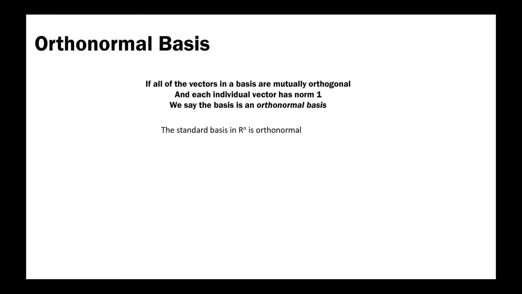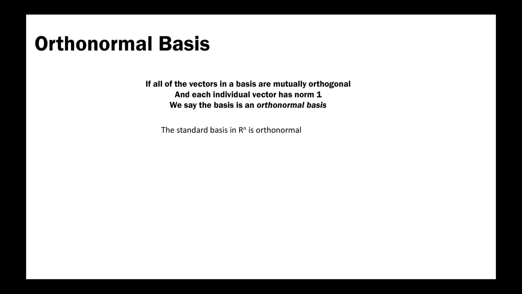So we can combine the concepts of orthogonality, unit vectors, and a basis to obtain something called an orthonormal basis. This is just a concept that you should be familiar with. If all of the vectors in a basis are mutually orthogonal, that means if I take any pair of them, the dot product of the elements in that pair is 0, and each individual vector has norm 1, then we say that this basis is an orthonormal basis.